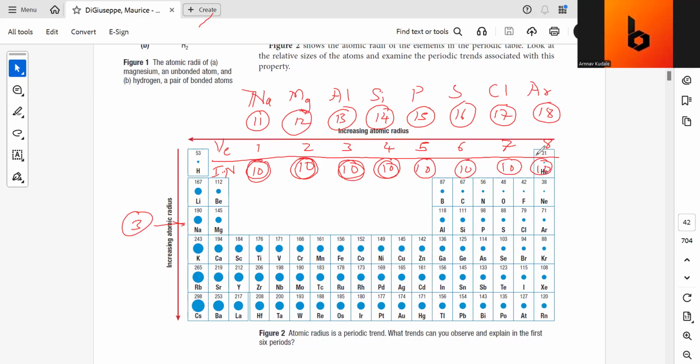Is it easy to imagine? Can you write this down? So remember, the inner orbit electrons are called shielding electrons.